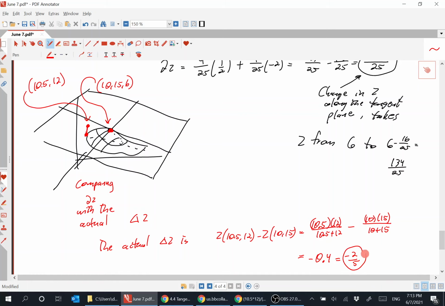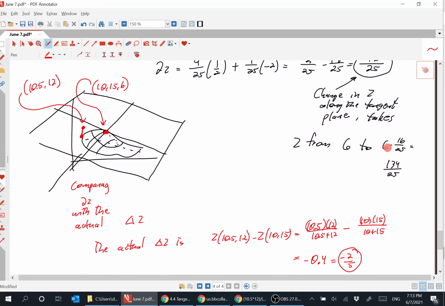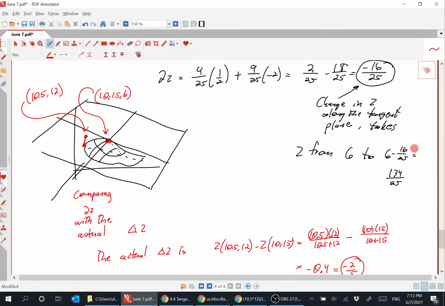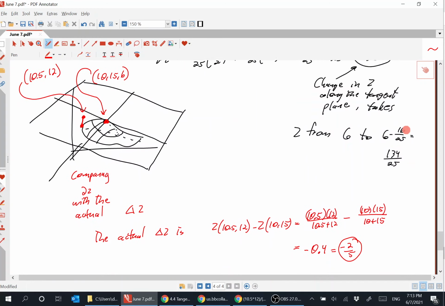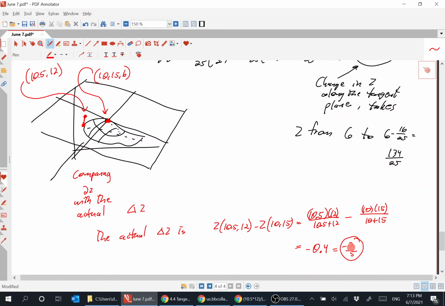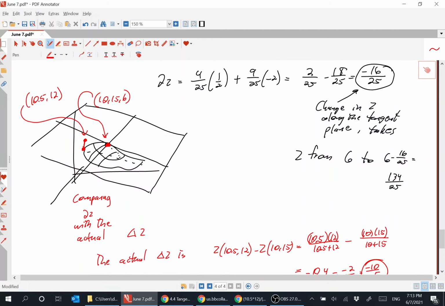So the actual change in z was that much, and the differential, the total change, is 16 over 25. If you multiply this by 5, that's equal to minus 10 over 25. And then the differential dz is negative 16 over 25.